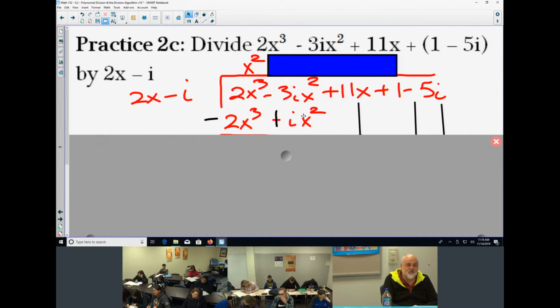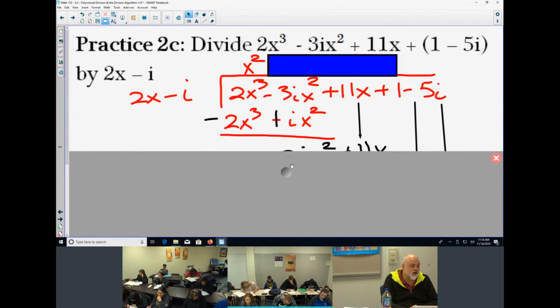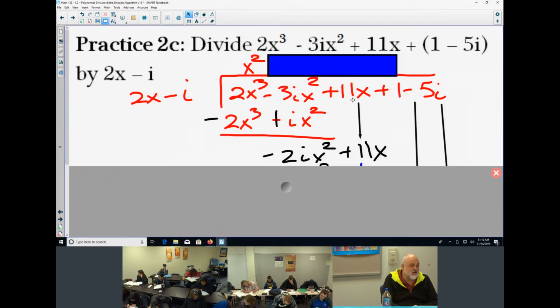So what would that give you when you add these two together? Negative 2ix squared. Correct. And then you bring down the next term, 11x. Okay? All right, now again, you look at the leading terms. So what times 2x would give you negative 2ix squared.